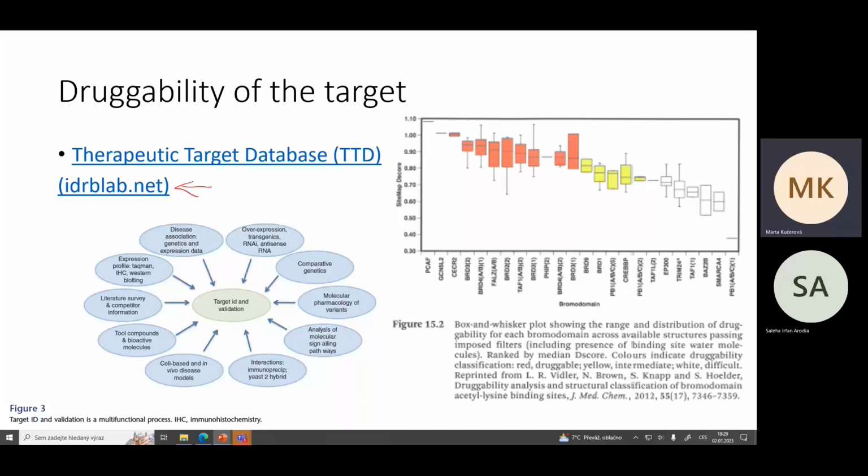However, not all bromodomains are suitable. So when we look at the output, the red highlighted bromodomains would be suitable as a drug target. The yellow ones are somewhat usable, and the white ones are not suitable to become a target in a disease pathophysiology.